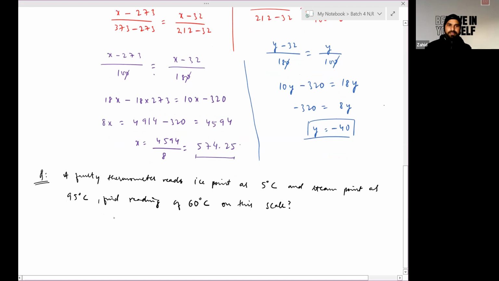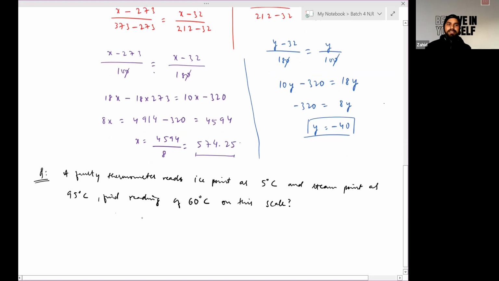Just use the same concept. (T minus LFP) divided by (UFP minus LFP) will always be constant for all different types of thermometer, whether it is a correct thermometer or a faulty thermometer, whether it is based on resistance measuring, length measuring, density measuring, and so on. Here there is a relation between the faulty thermometer and degree Celsius.